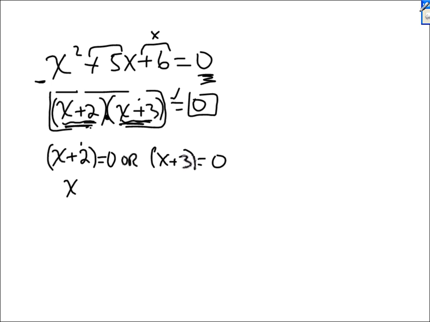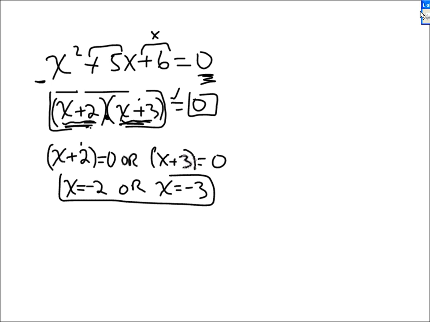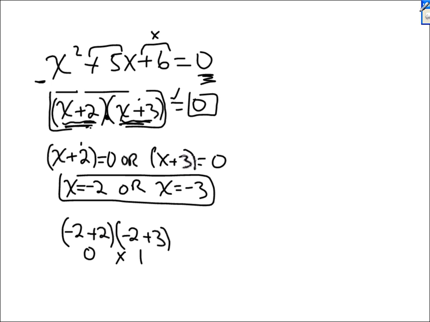x plus 2 is 0 when x is -2. And x plus 3 is 0 when x is -3. These are your answers. And to convince you, -2 plus 2, that's 0. And -2 plus 3 is not 0. It's 1. But nonetheless, the product is 0.